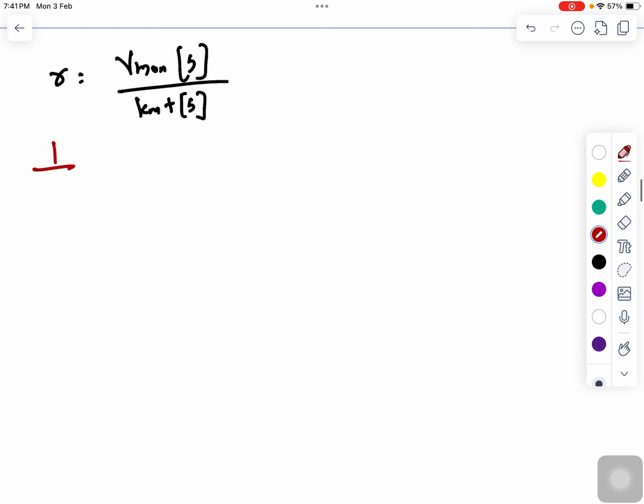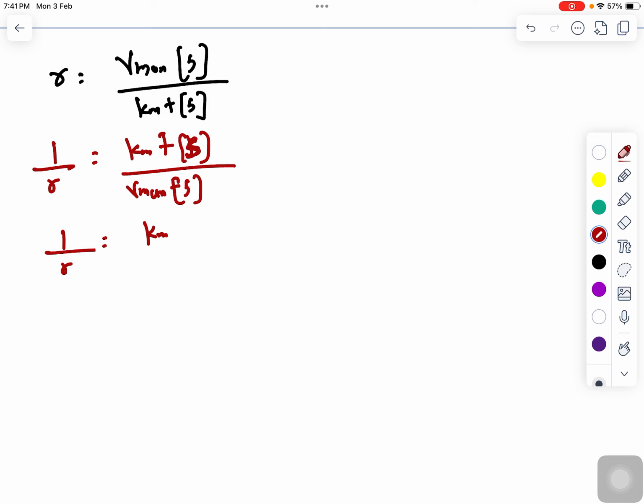If I write this equation, 1 upon R is equal to Km plus concentration of S divided by Vmax into concentration of S. So I can write 1 upon R is equal to Km divided by Vmax into 1 upon concentration of S plus 1 upon Vmax.